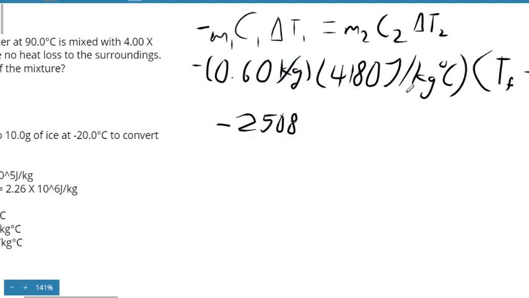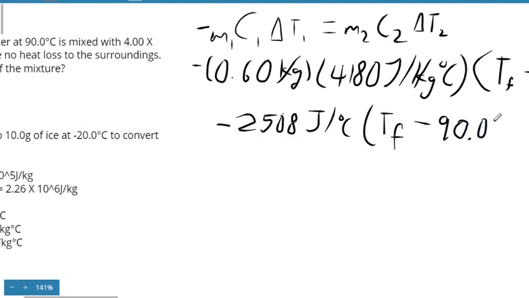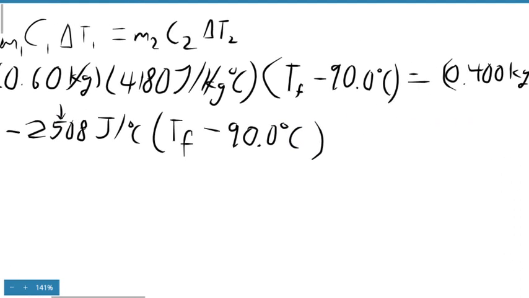And for the units, the kilograms cancel out, so it's just joules per degree Celsius. And then we multiply by TF minus 90.0 degrees Celsius. Oh, and for the sig figs, there's 2 because of the 0.60.